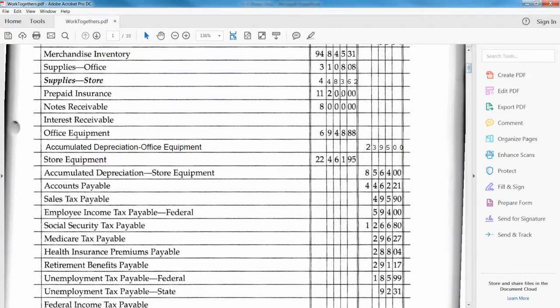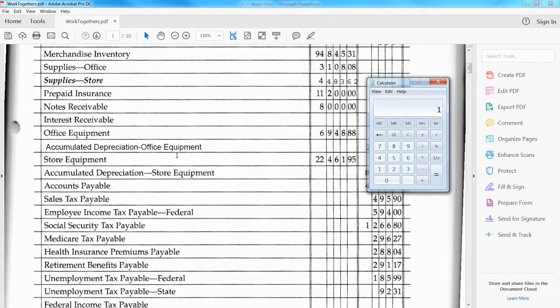So prepaid insurance has a balance of $11,200, and according to the directions, we have $1,600 worth of insurance left. So we're going to take 11,200 minus 1,600. I'm sorry, we used up $9,600 of our insurance. We have $1,600 left.